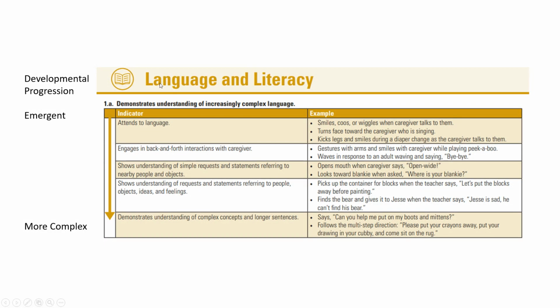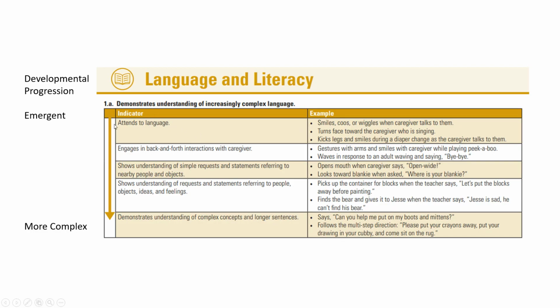In the standards packet that I printed for you, it says language and literacy, and it says demonstrates understanding of increasingly complex language. But then it starts with really emergent things, like at first kids attend to the language, and then they engage in back and forth interactions with the caregivers. And that all happens way before they demonstrate understanding of complex concepts and longer sentences.